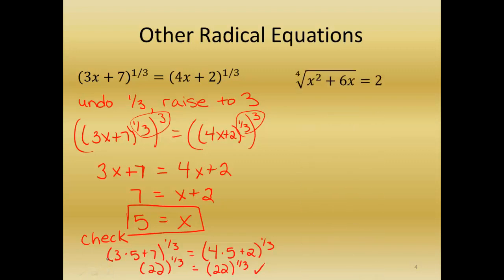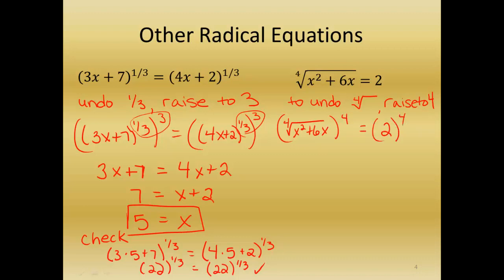And the last one we're going to look at is a fourth root. Again, to undo a fourth root, we are going to raise to the 4th power. So it'll look like the 4th root of (x squared plus 6x) raised to the 4th power, and 2 raised to the 4th power.